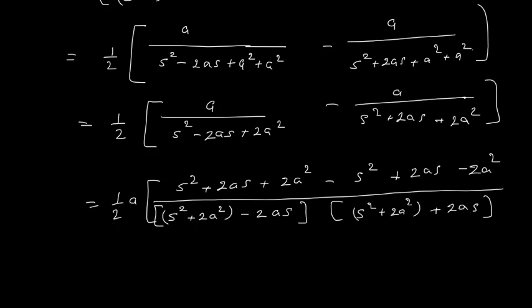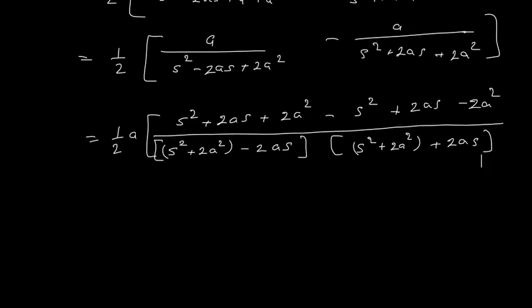You can understand why I rearranged the denominator. It is now in the form of a minus b into a plus b, so I can use the formula of a square minus b square.